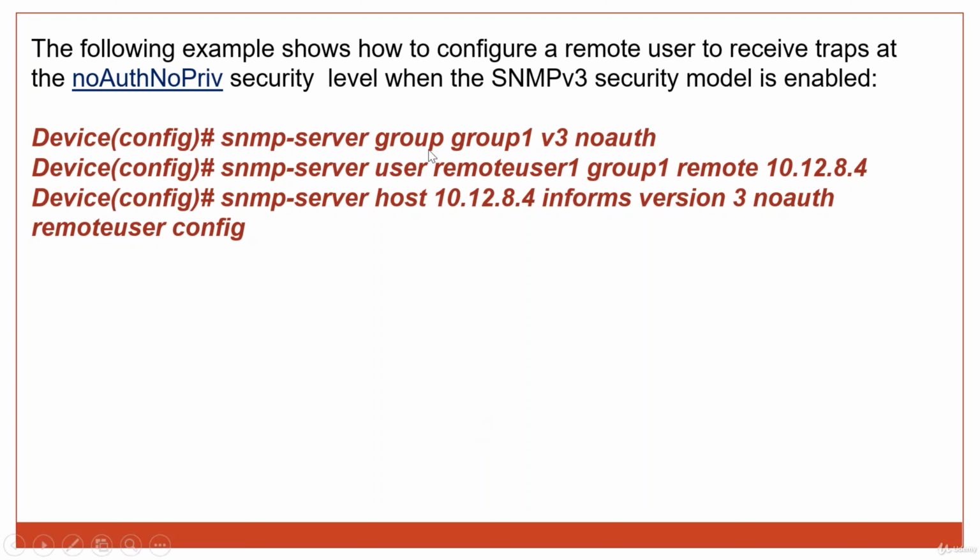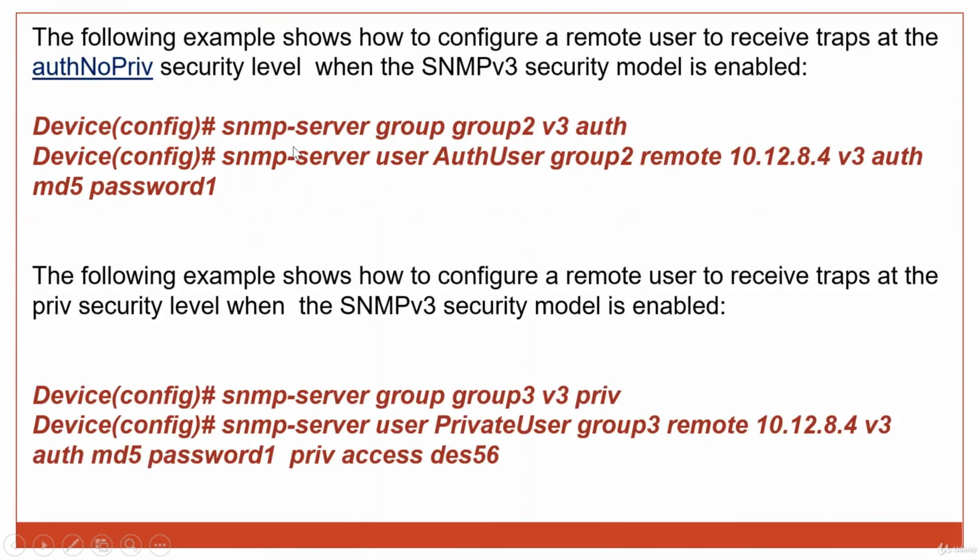SNMP server group 1 version 3 no auth, and then we can give the user as remote user, part of group 1, and the remote server is 10.12.8.4, then SNMP server host, and there we have the informs version 3 with no auth, again the remote user config. So we can give the configuration like that. This is the case with no auth and no priv.